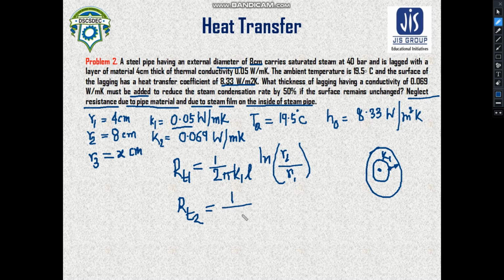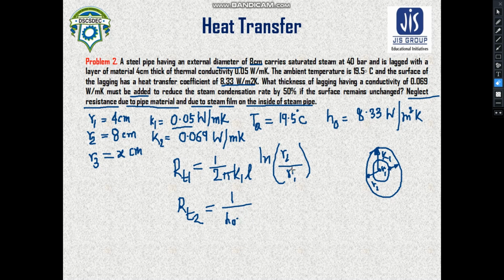So what will be the convective resistance? It would be HO into A, the area in concern. Now while calculating the area, you need to calculate this radius. So if this is R1 or 4 centimeter, then this is R2 or the 8 centimeter.